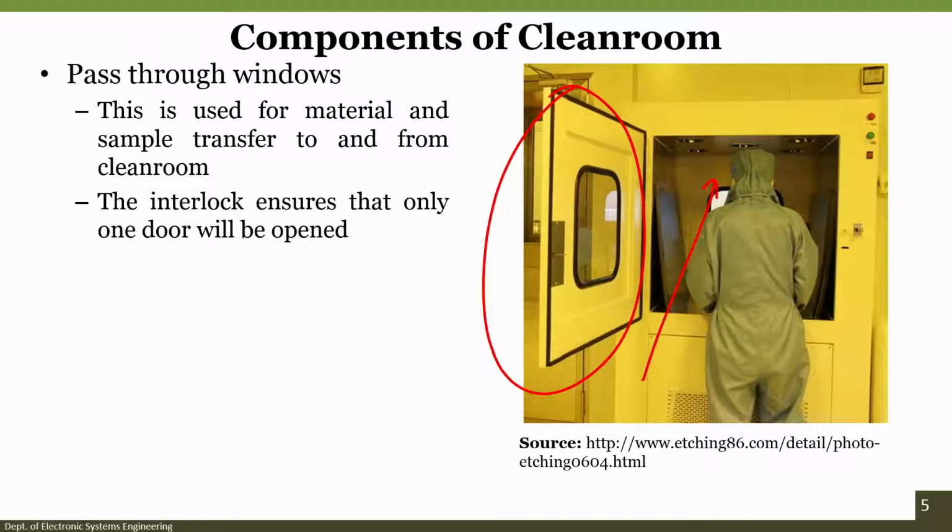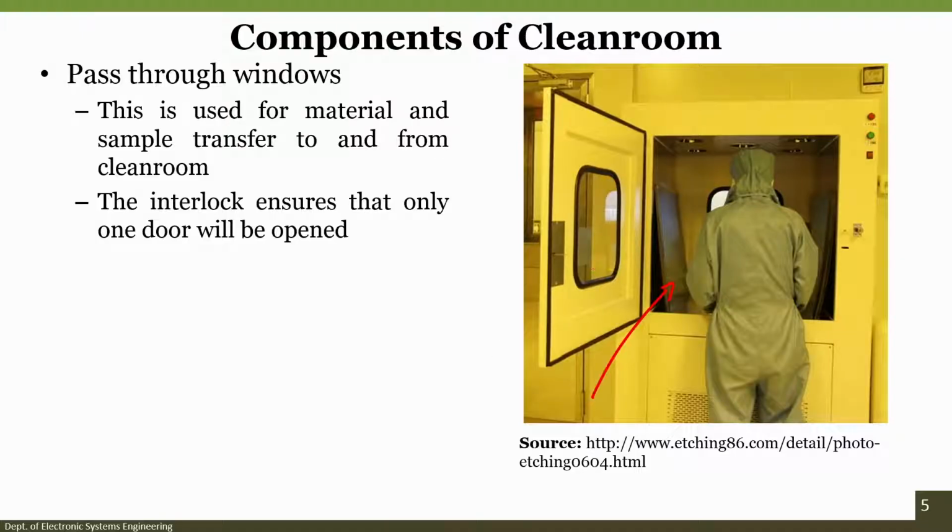Then the person will keep whatever components are there, then this particular window is closed and this one is opened, and the engineer within the clean room will take the component from the box or pass through window. After taking that particular box, he or she will close the window.